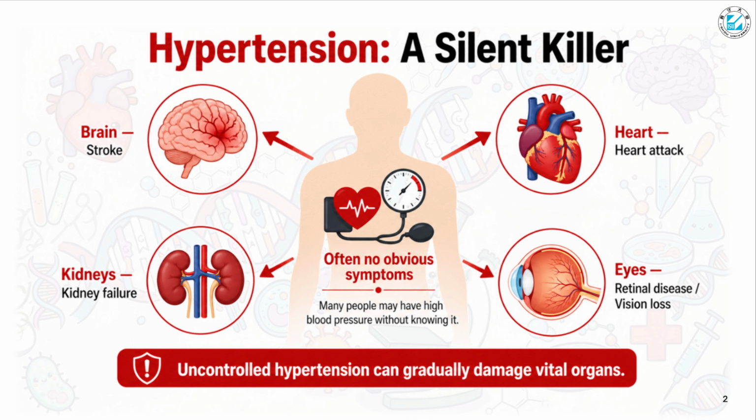It may increase the risk of stroke, heart attack, kidney failure, retinal disease, and even vision loss. This is why hypertension is often called a silent killer. Because many people do not know they have hypertension, regular blood pressure measurement is very important for health monitoring.